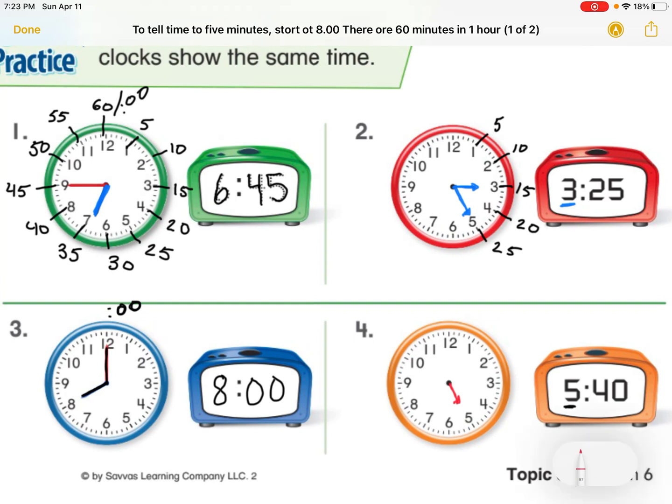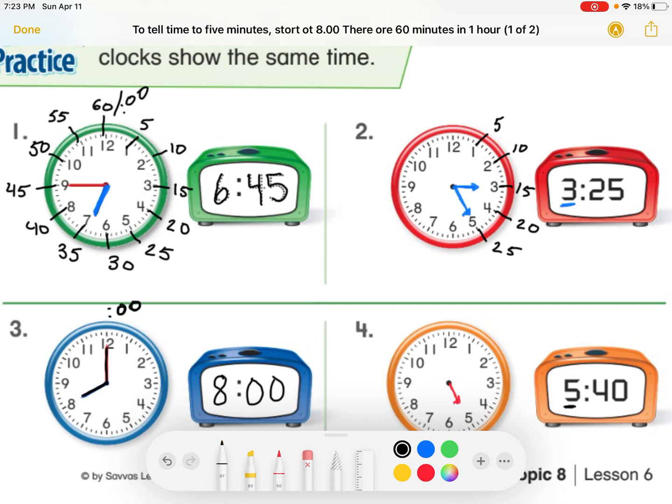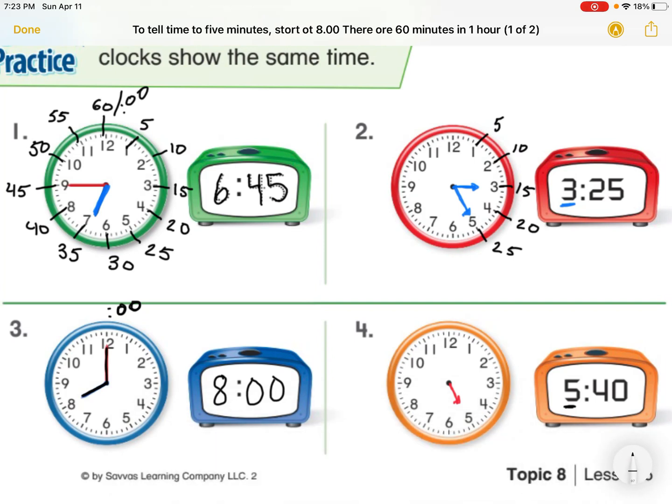And for my minutes, I need to show 40 minutes. Well, let's again count by fives. 5, 10, 15, 20, 25, 30, 35, 40.